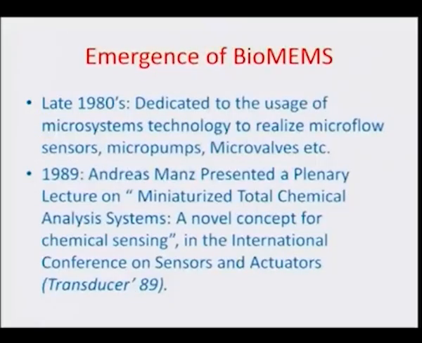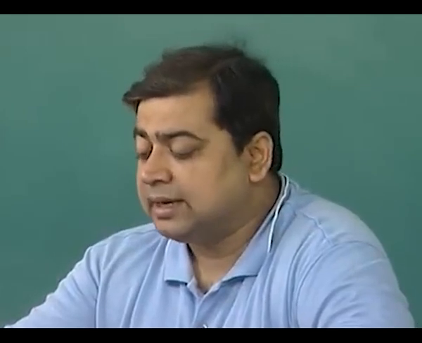So, let us look at a little more of historical perspective as to how the MEMS, or micro electromechanical systems, really got integrated into biological or biomedical MEMS. When MEMS started in the 1970s, it was dedicated mostly to physical systems, like measurement of temperature, acceleration, velocity, and so on and so forth.